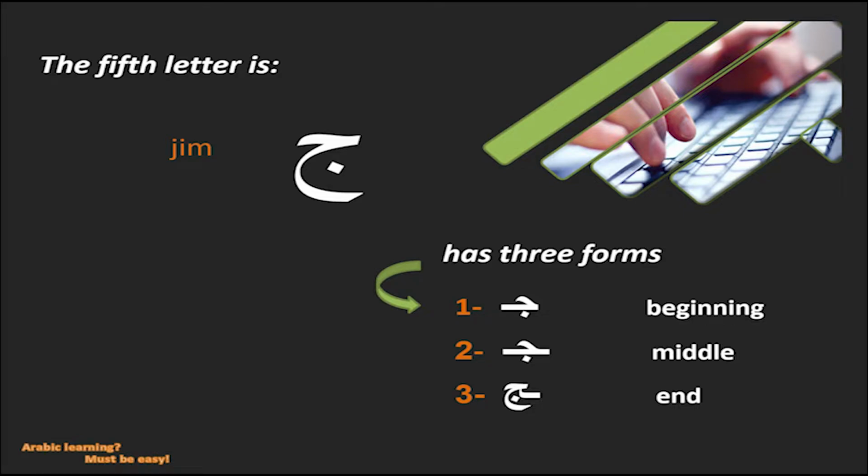The letter Jim also has 3 forms, namely written at the beginning of the word, or in the middle, or at the end of the word. But there is also an exception for the second form. As we have seen in the previous lectures, the letters may be generally in the middle or at the end of the word and still not have the appropriate form.